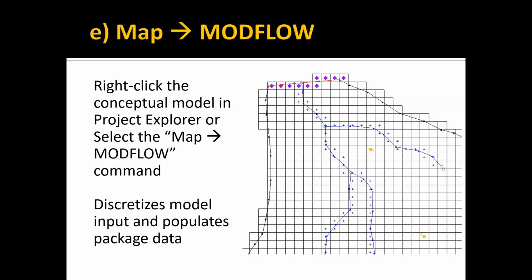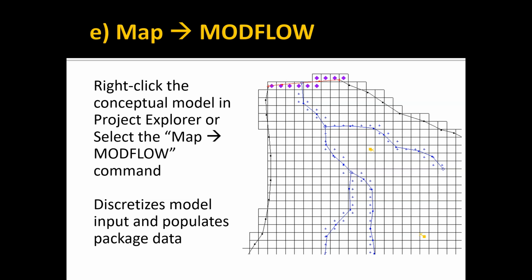And then later, if you want to change your model inputs, theoretically you can select the grid cells and change it, but it's a much better idea to go back to the conceptual model and edit the properties on the conceptual model, and then just run Map to MODFLOW again. And in most cases, this completes the conceptual model, although sometimes there are still other things you need to do, like the interpolation option we talked about, where you interpolate your MODFLOW elevations from scatter points.